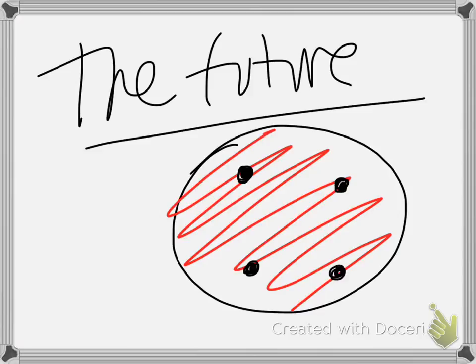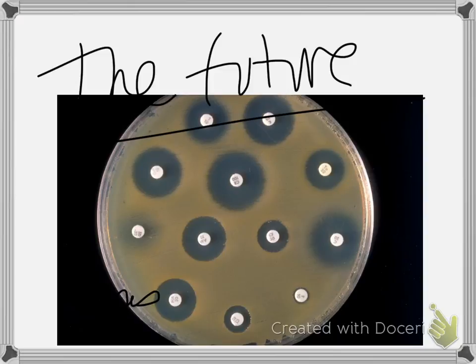You put antibiotic discs into a plate where you grow bacteria, and then sweep the plate with bacteria, incubate it, and see if the bacteria will grow up to the edge of the antibiotic disc. If the bacteria are sensitive to the antibiotic, what you end up with is something that looks like this.